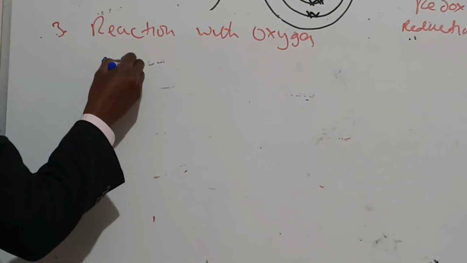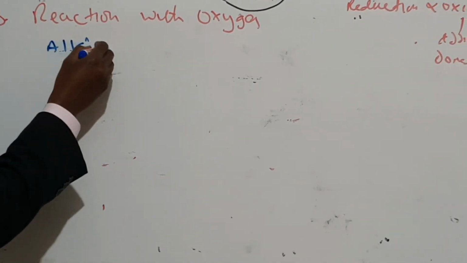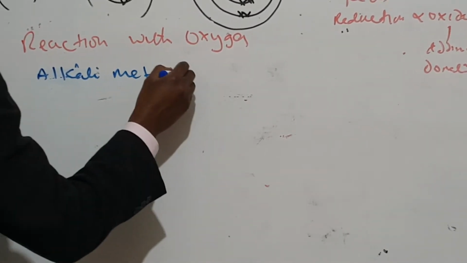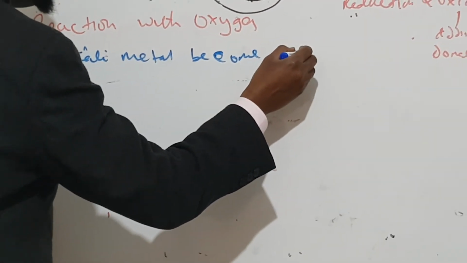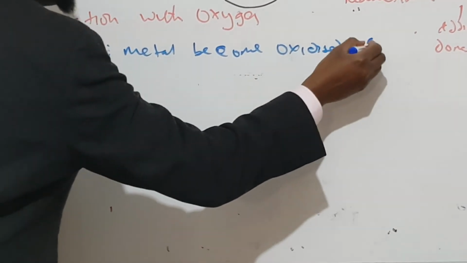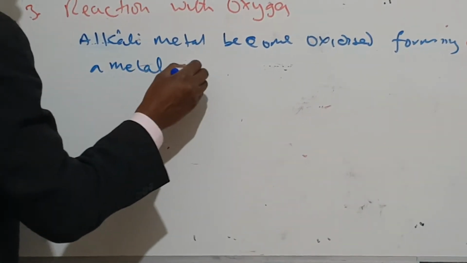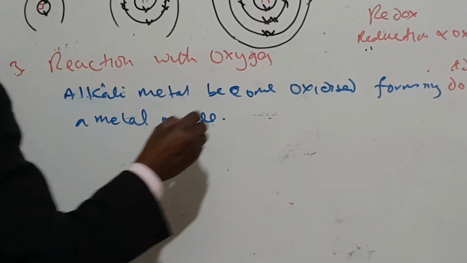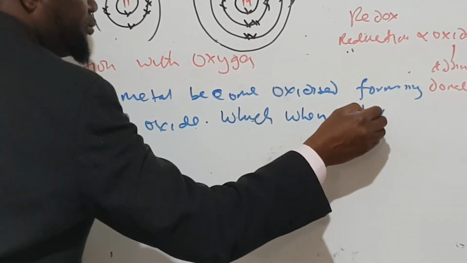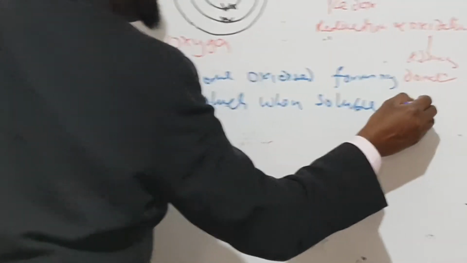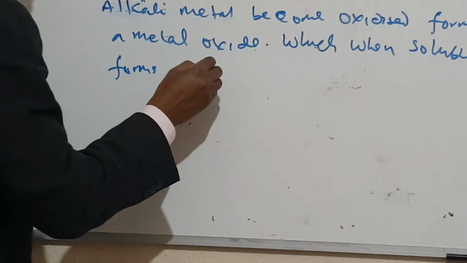The alkali metals in group 1 become oxidized, forming a metal oxide, which when soluble in water, forms a metal hydroxide.